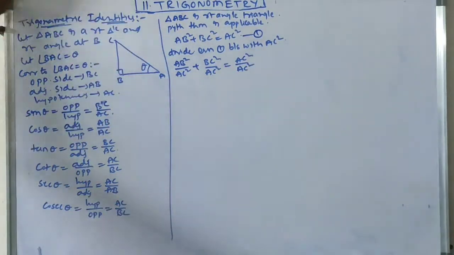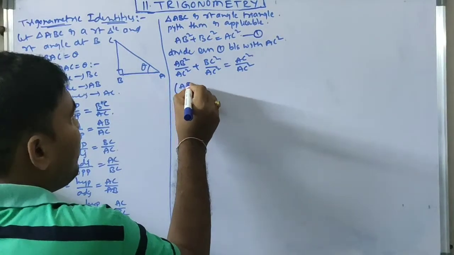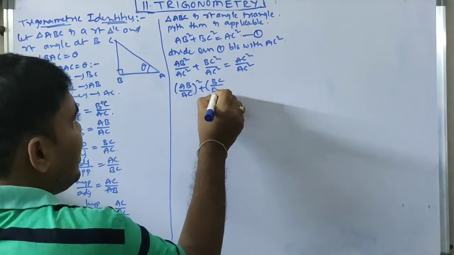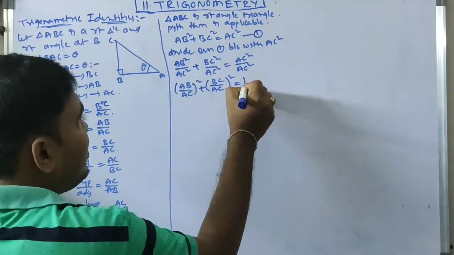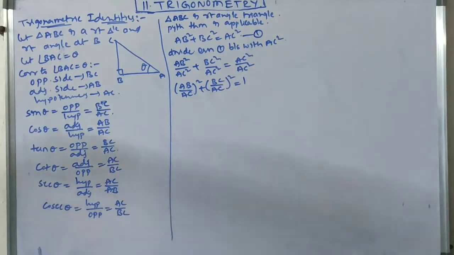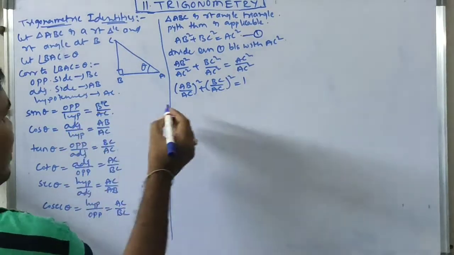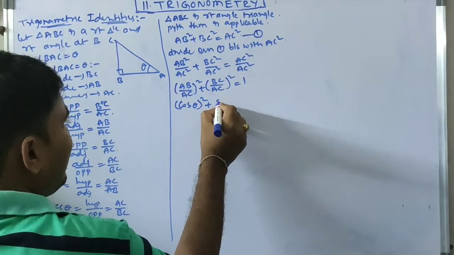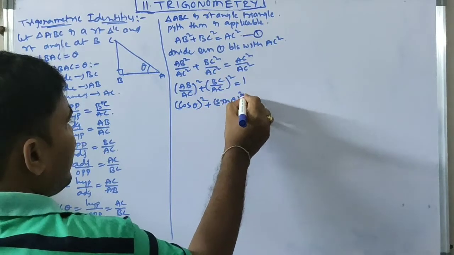So I want to write this one whole square. AB by AC whole square, BC by AC whole square, AC square by AC square is 1. AB by AC is cos theta whole square, BC by AC is sin theta whole square, equal to 1.